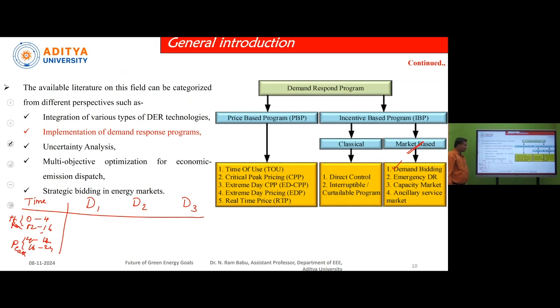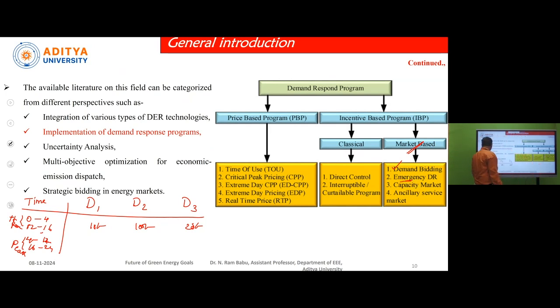Now during this time, the distribution company D1 can charge 10 rupees per unit, this one may charge 100 rupees per unit, and this one may charge 20 rupees per unit. That means based upon your demand, you need to take the energy from a respective distribution company, which is nothing but demand bidding.